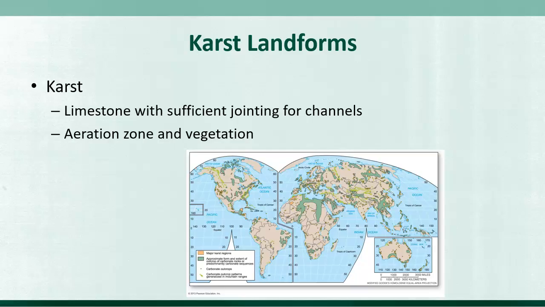You need to have good vegetation up above before the water trickles down, because that vegetation will help to produce a more acidic environment. And then you need to have plenty of space for the water to move or trickle down through the ground underground, or an aeration zone. And if you do, you start to get all sorts of interesting karst landforms.